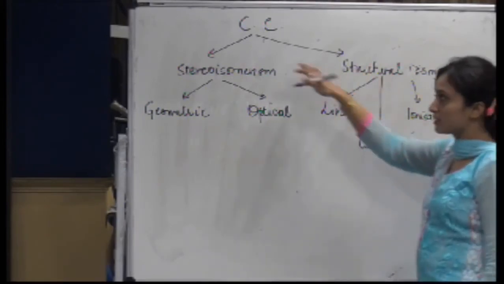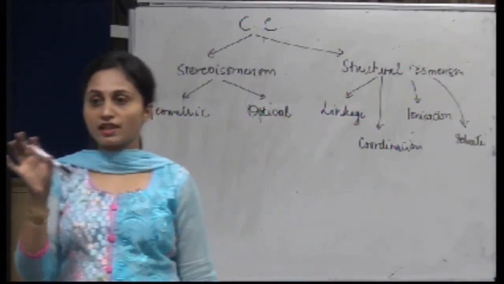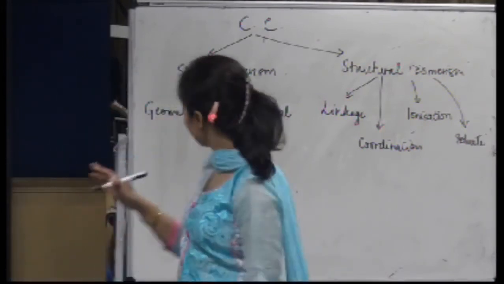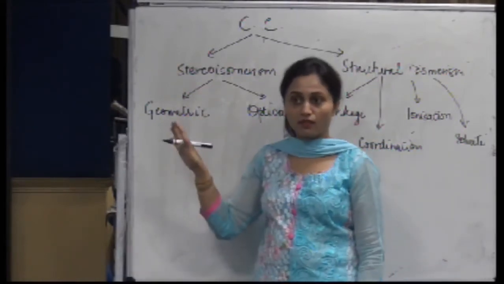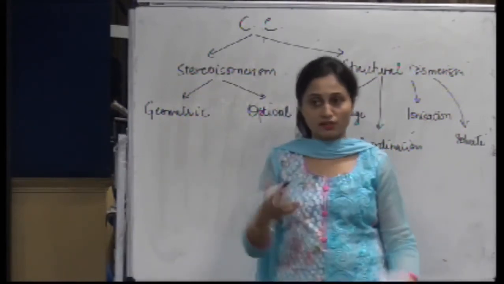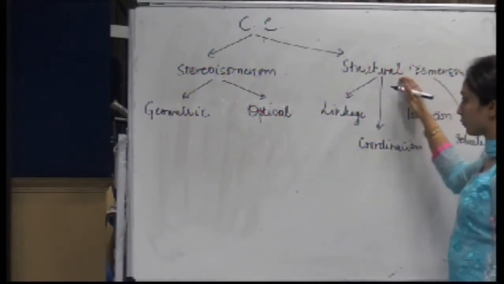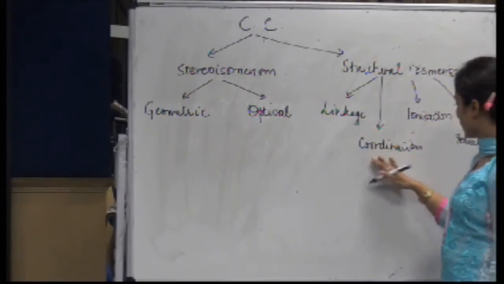Alright, I repeat. In case of structural isomers में there is a change of bonds. But here the chemical formula as well as the bonds remain the same. This is only caused generally by the rotation. Now here for the structural we are talking about the linkage isomerism, ionization isomerism, coordination and solvate.